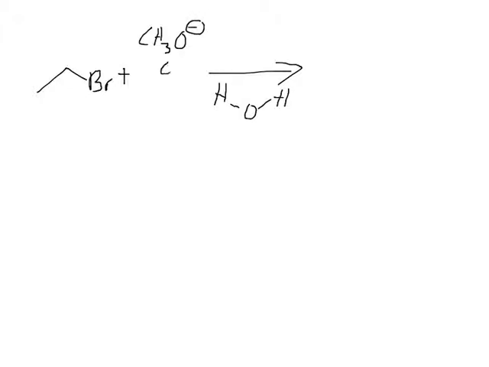So let's put this theory into action. Let's say I present you with this reaction. You're going to do this reaction in water, and I'm showing you this electrophile. I'm giving you a choice between CH3O minus or CH3S minus.